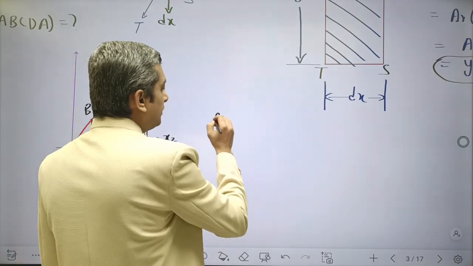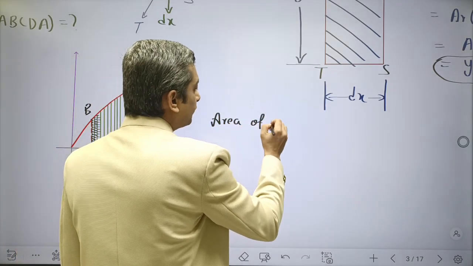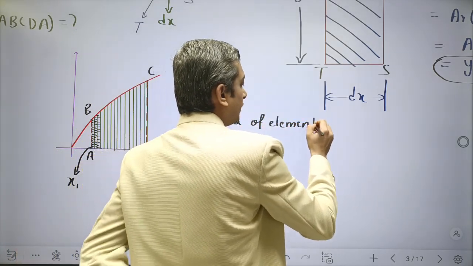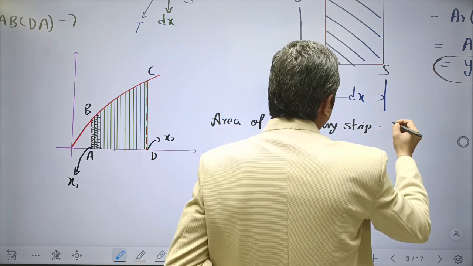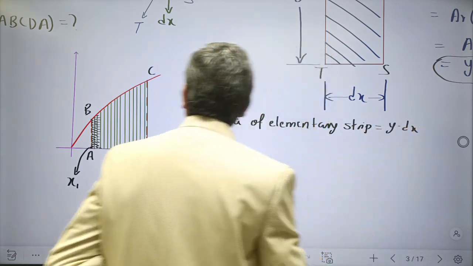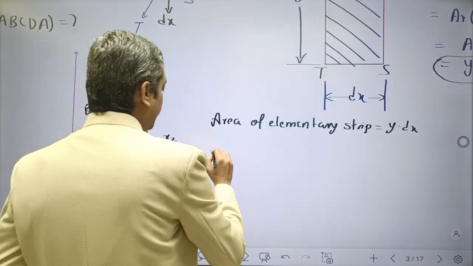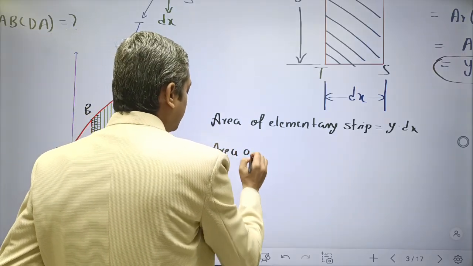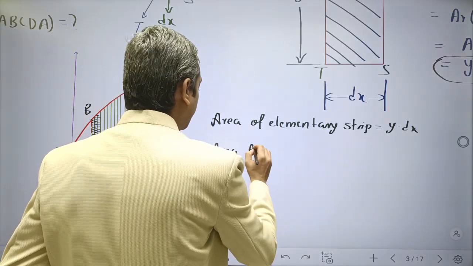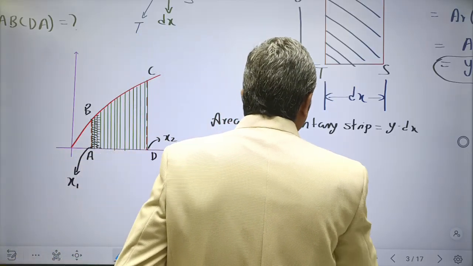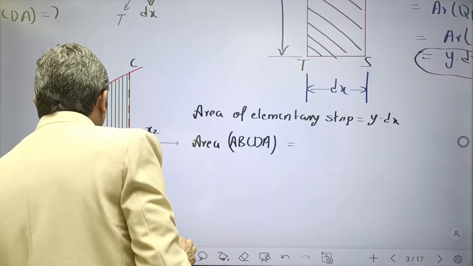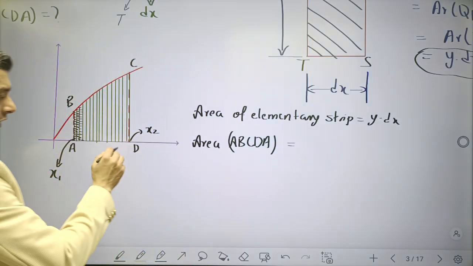So I'm writing here area of elementary strip, that is y dx, and area ABCDA is the sum of all elementary strips from x equal to x1 to x equal to x2.